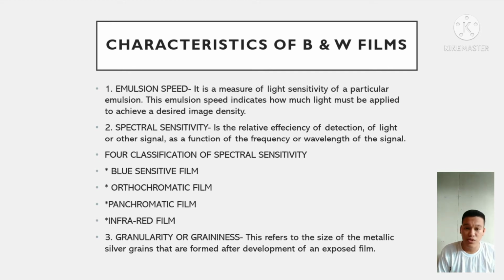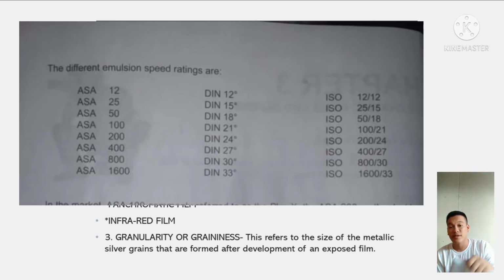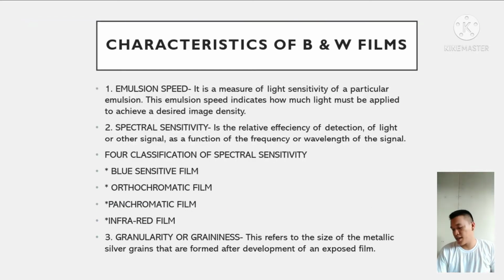These are examples of the different indicators of speed. As you can see, ASA is 12, DIN is 12, and the ISO is the combination of ASA and DIN. So those are the different emulsion speed indicators.